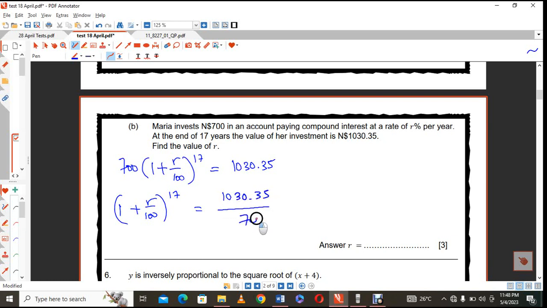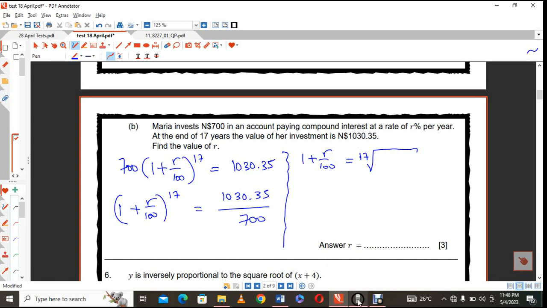We're going to divide that by 700. Now, whatever that answer is, I've got 1 plus R over 100. I'm going to take the 17th root of that answer, because remember, in order to get rid of that power, I must take the 17th root.